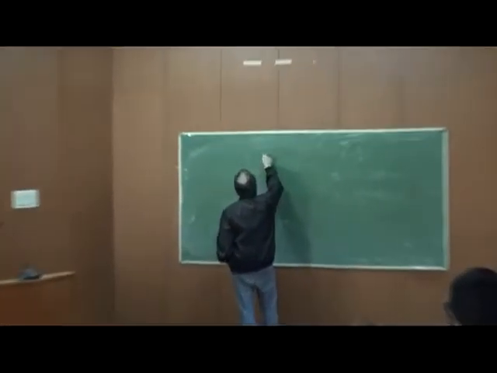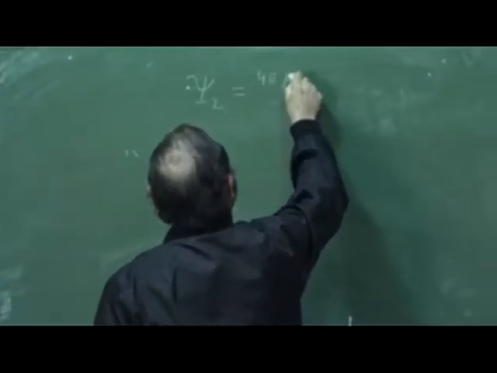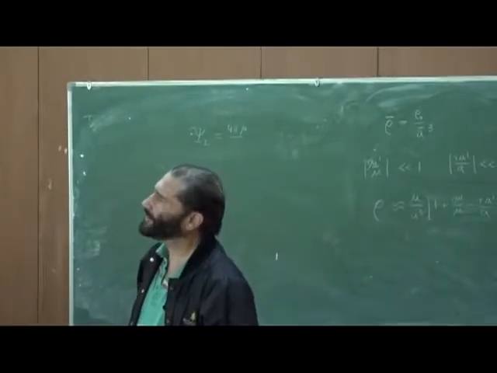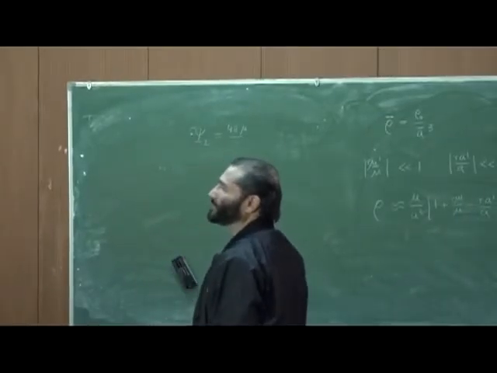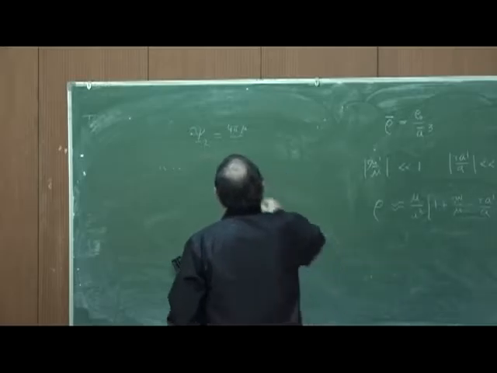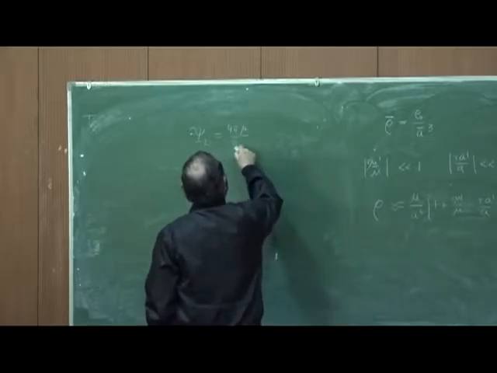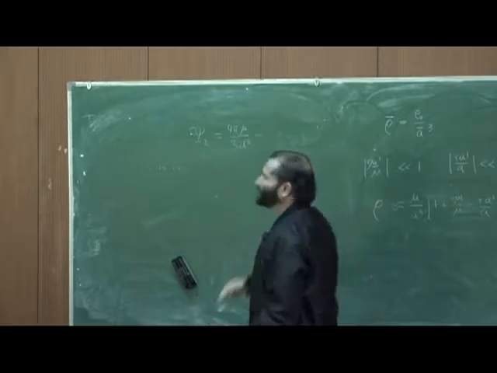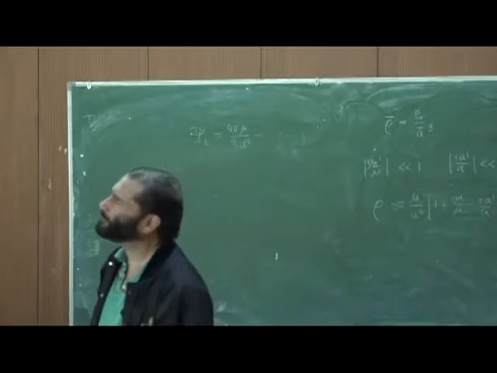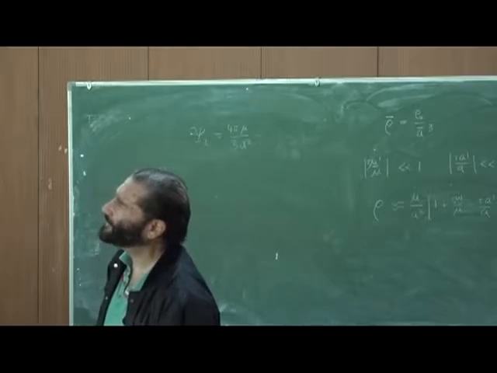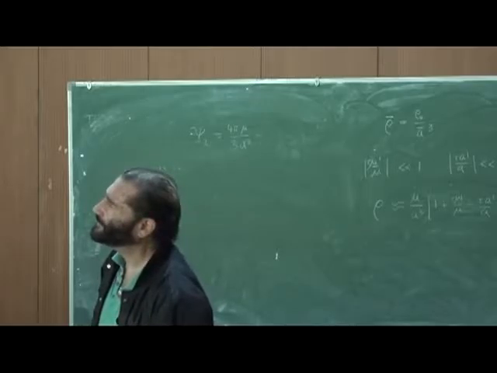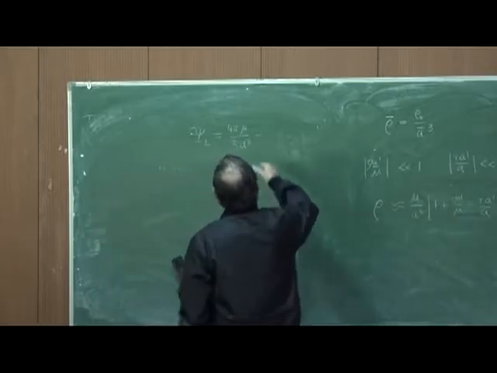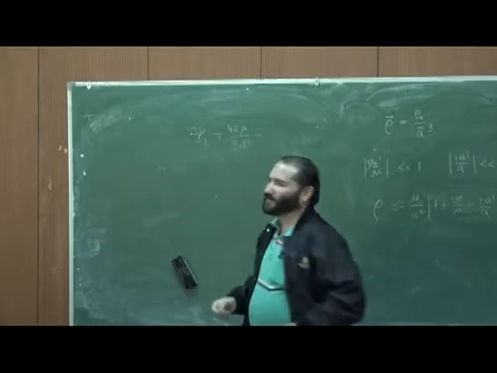like we have psi 2 equals 4 pi mu by 3 a cube minus 1 plus r by 3. Sorry, what? Minus the same thing. So I don't know if I wrote it.